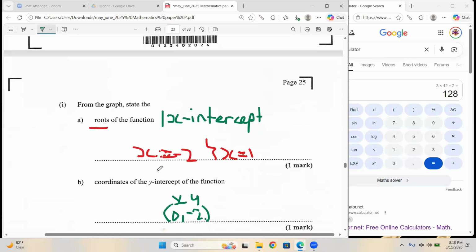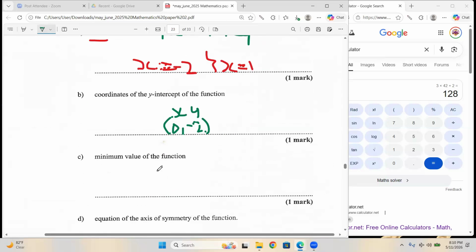They said they want the value. They really want the x coordinate, which is also another way they ask this.